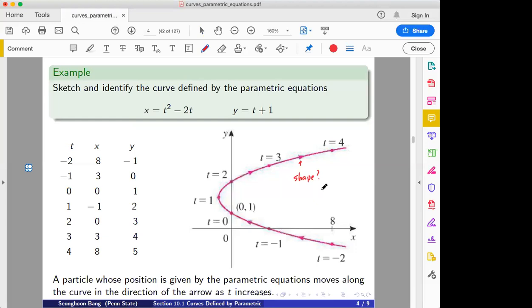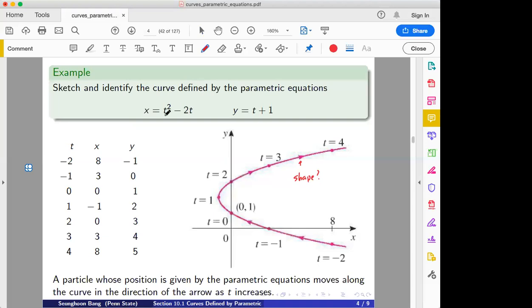How can you know? How can you check that the shape of this graph is a parabola? How can you check this kind of result? It's a good point, but not sufficient.